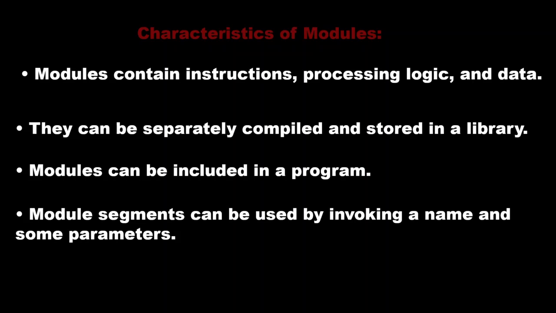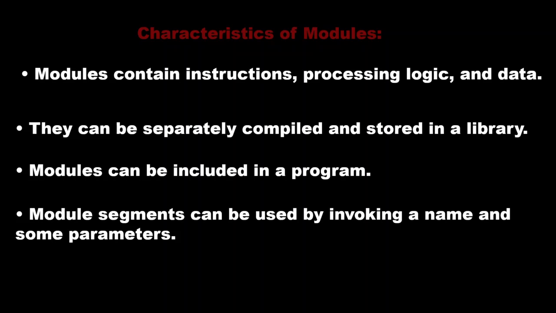Module segments can be used by invoking a name and some parameters. So invoking means calling. How do we call a module in a program? We can call or invoke a module in a program by using its name or parameters.